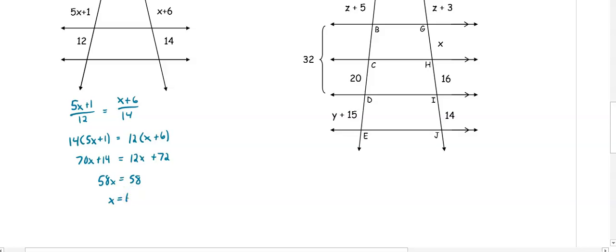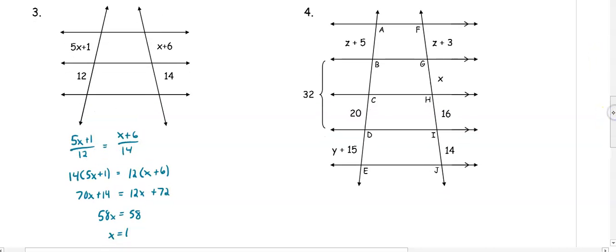In number 4, we need to solve for x, y, and z. So first thing I'm going to do is solve for x, because I know that these 4 sections will help me solve for x. So if this whole side is 32 and part of it's 20, we can subtract to get 12.